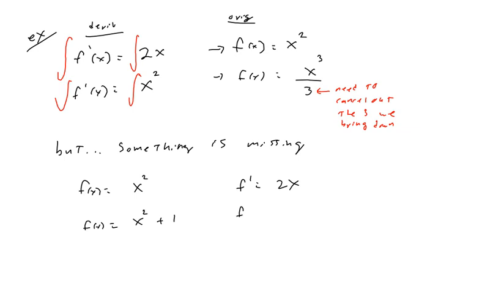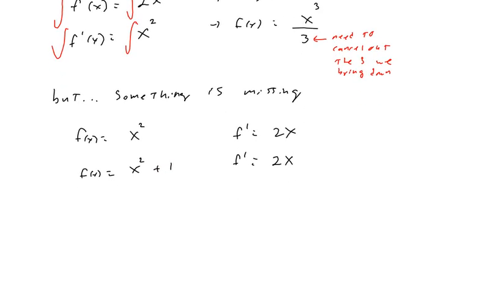What's the derivative of that one? Well, that's also 2x, right? Because this 1, if I do a derivative, the 1 kind of disappears, or our constants go away. Or if I have x squared plus 2, the derivative of that is also 2x.